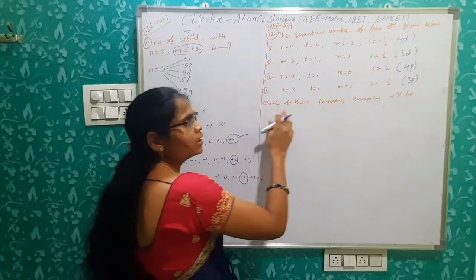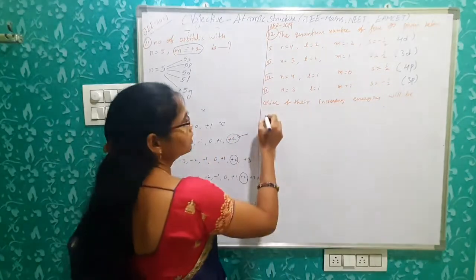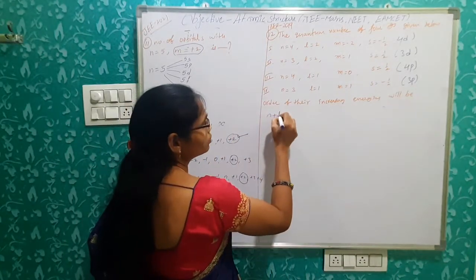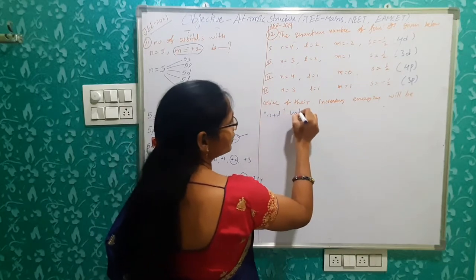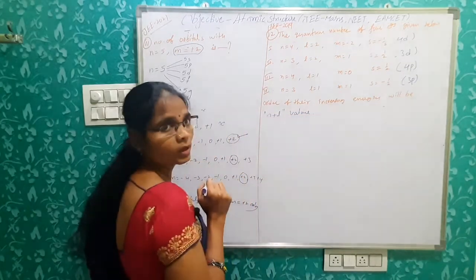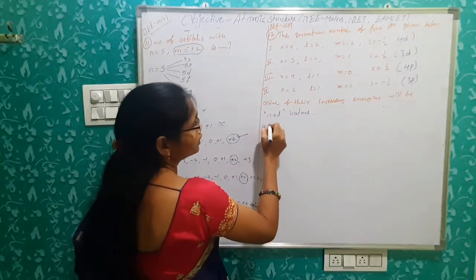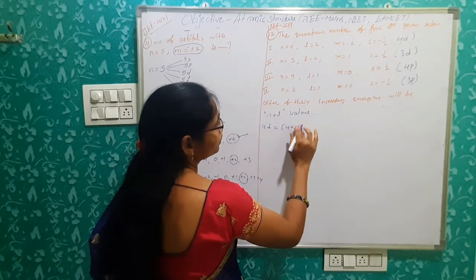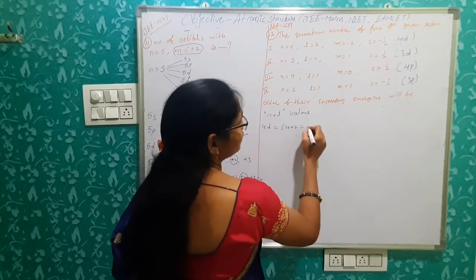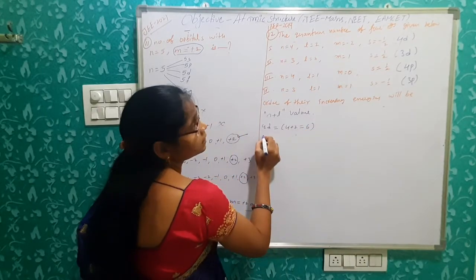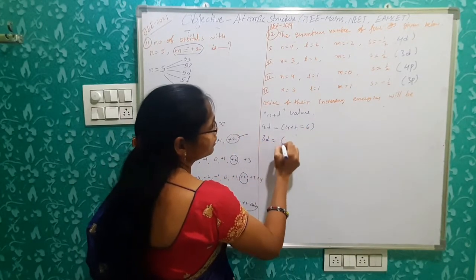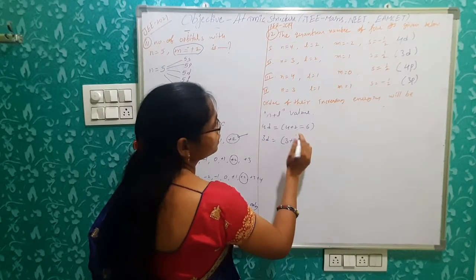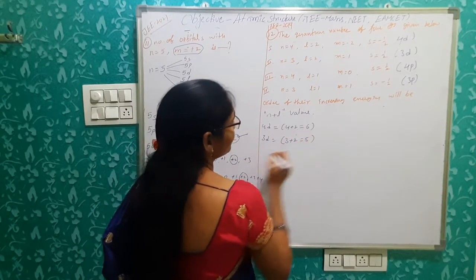How to find the order of increasing energies? By the n plus l value. For the 4d orbital, n plus l is 4 plus 2, how much? 6. Next, 3d orbital, 3 plus 2, 5.